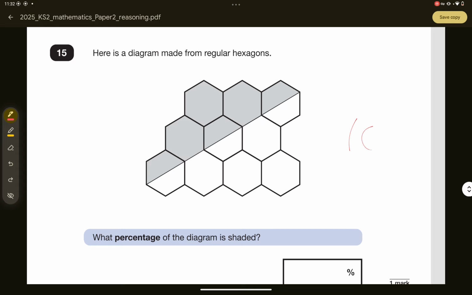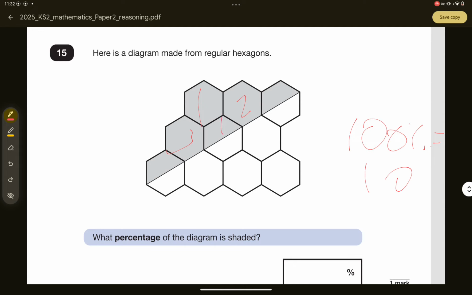So 100% equals 10. So let's count how many there are. There are 3 whole ones, and there are 3 halves. So 0.5 times 3 equals 1.5, plus 3 equals 4.5.